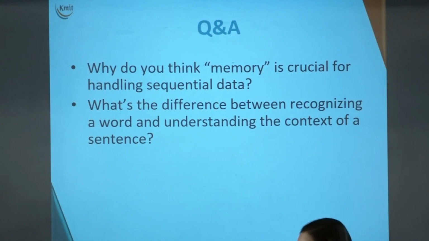Now you understand why the sequence of words is important. So now you understand why memory is important. To really understand the context of a particular sentence, it is very important that you understand the sequence of words in that sentence. Clear enough, guys?